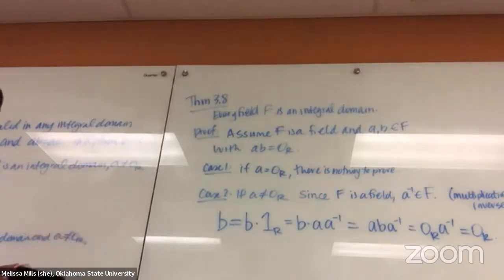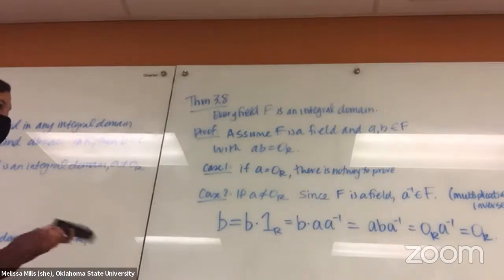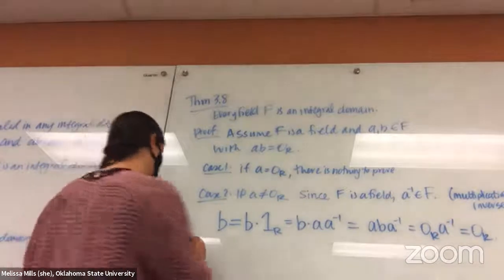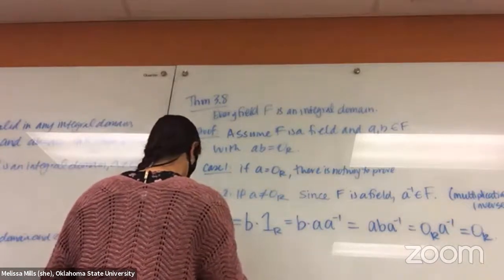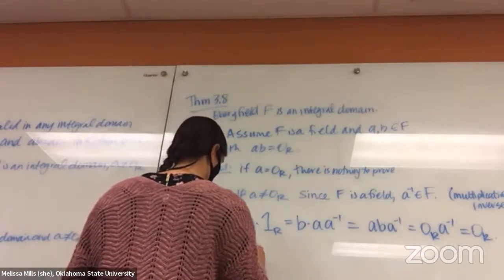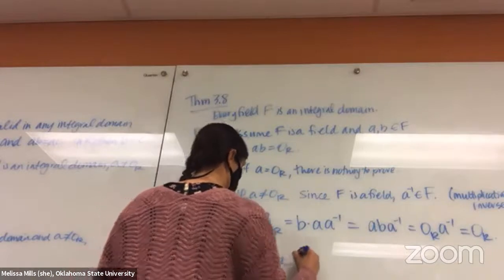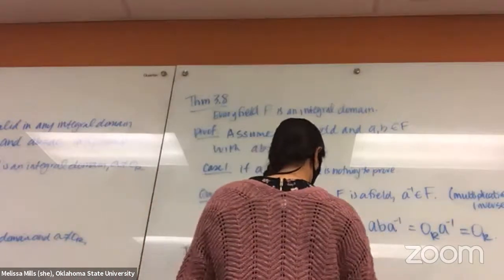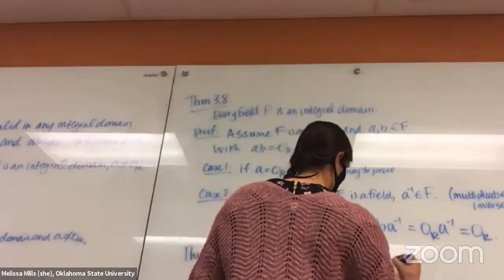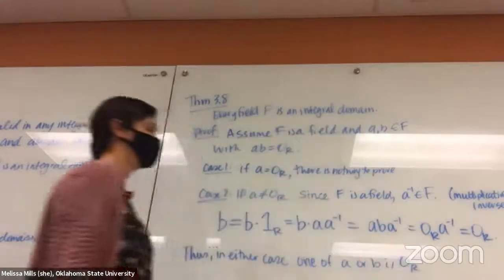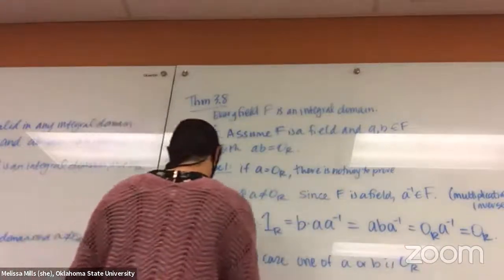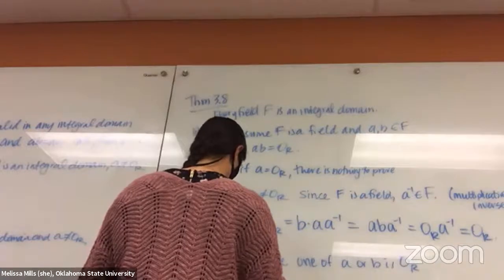I think that's good. Okay. So that's it. So in either case one of A or B is 0. So F has no 0 divisors.